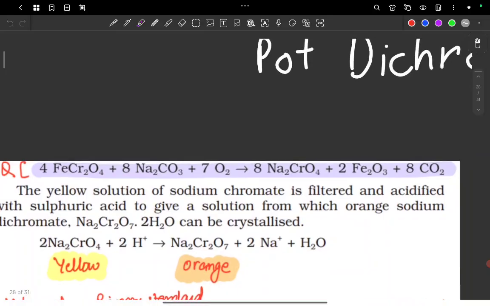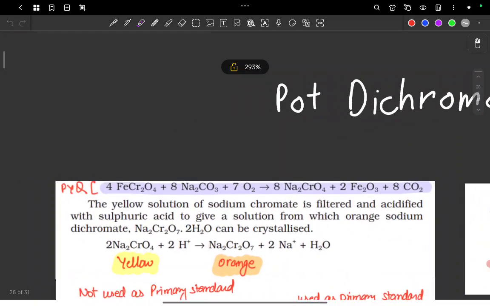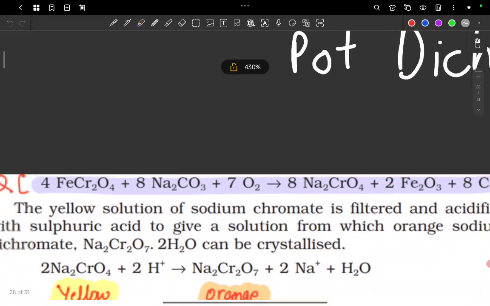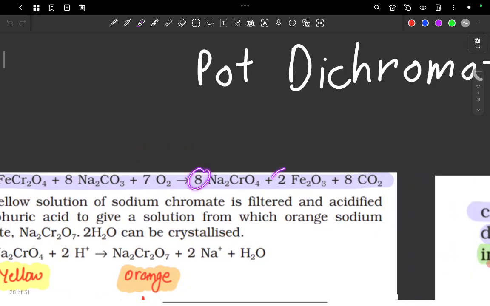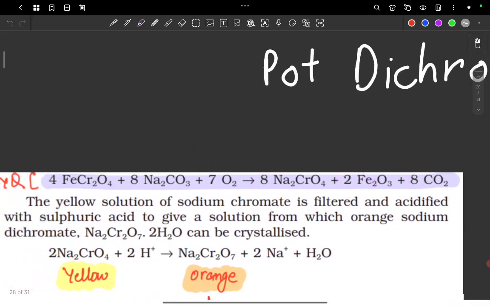But yeah. Well, one thing you can do to remember this is basically you can remember what conditions lead to this reaction. First of all, notice one thing, that the sum of the stoichiometric coefficients on the left side is 19, while that on the right side is 18. So this fact may help you in remembering, basically if you forget the stoichiometric coefficients of one side, you can use the other side to remember it.